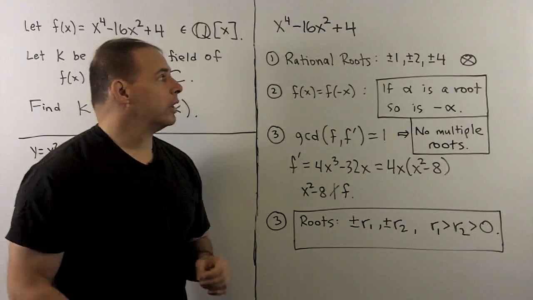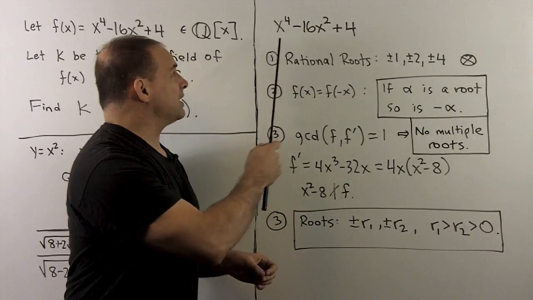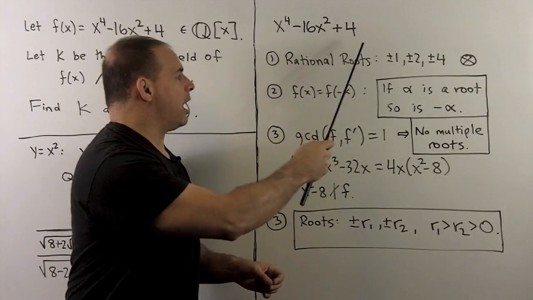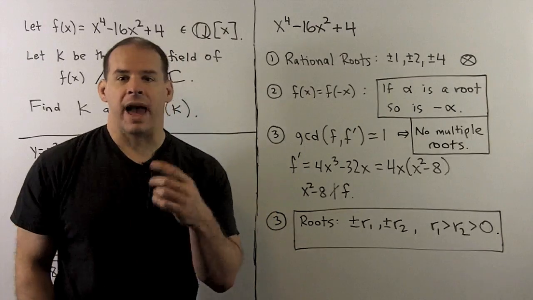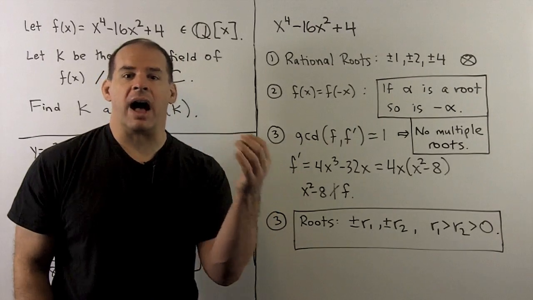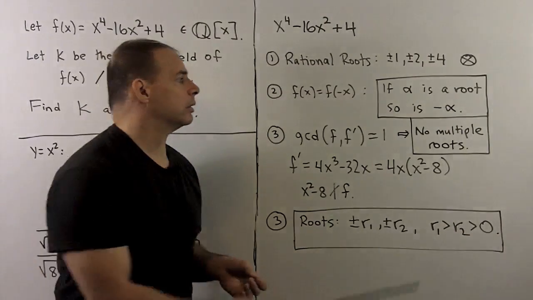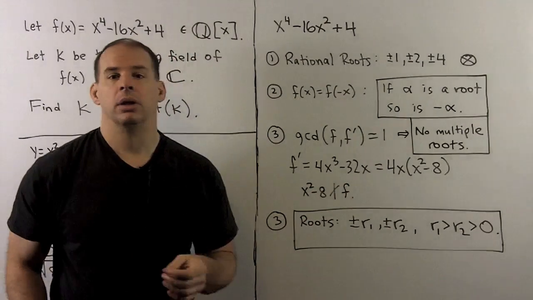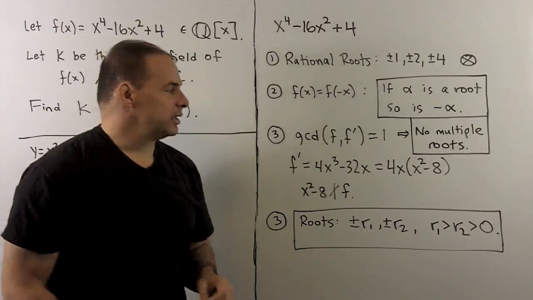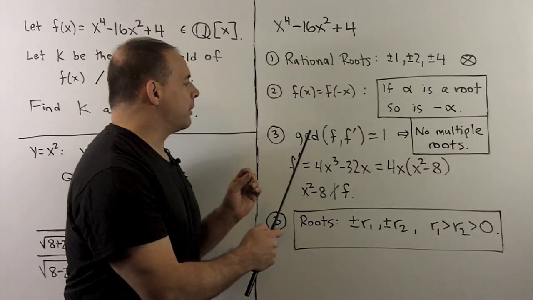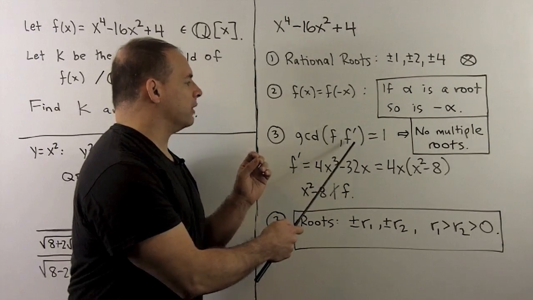Next, we note our function is even. So if I replace x with minus x, we get the same polynomial back. That means if I could find any root alpha, then minus alpha will also be a root. Next, I take the derivative, and then we take the greatest common divisor of our function with the derivative.